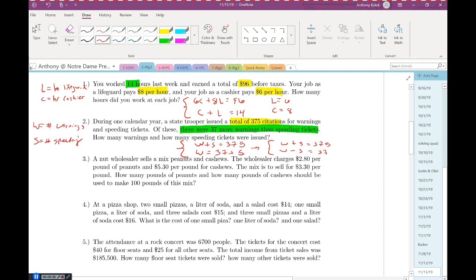So everything lines up nice and pretty. Now I can get this into my calculator. And when I do that, I get S is 169 and W is 206. We okay there?